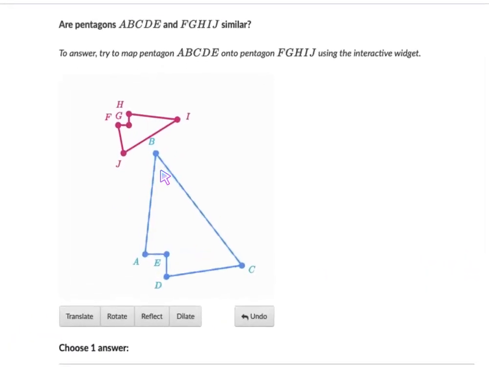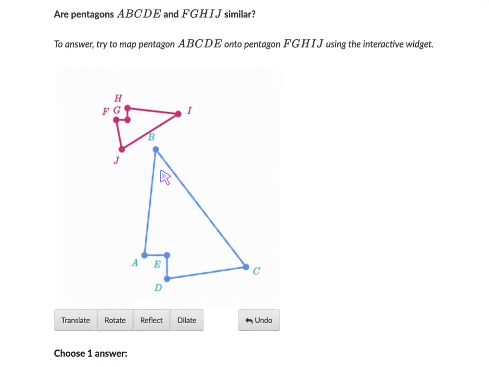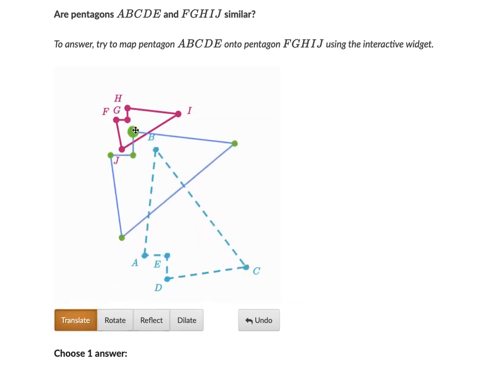Go ahead and pause this video and try it on your own first. We want to figure out if they are similar. You're mapping this blue one onto the pink one. All right, this looks like it might need a rotation as well. And it might look something like that. Let's translate it up maybe.